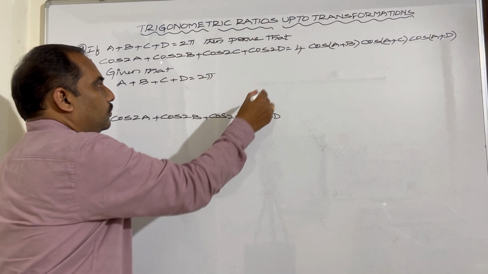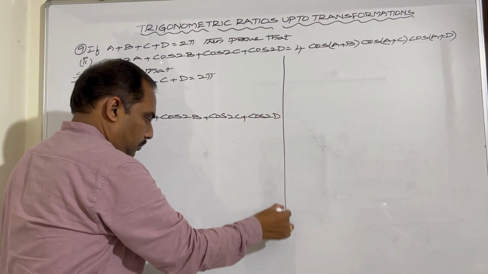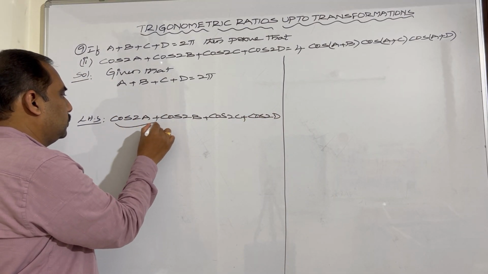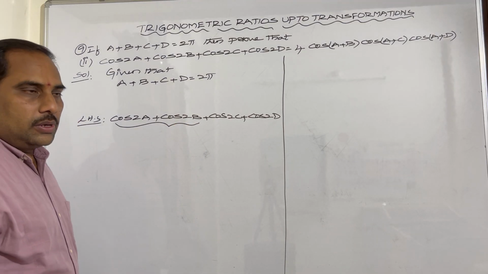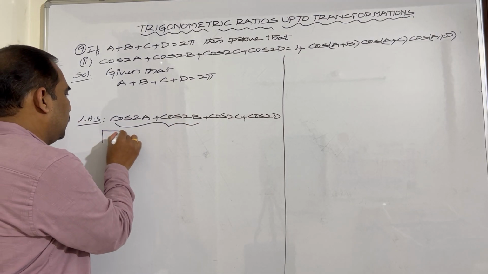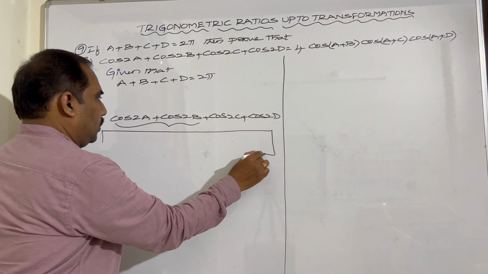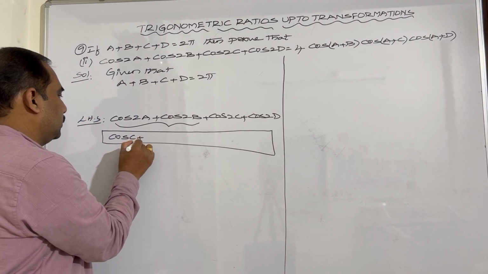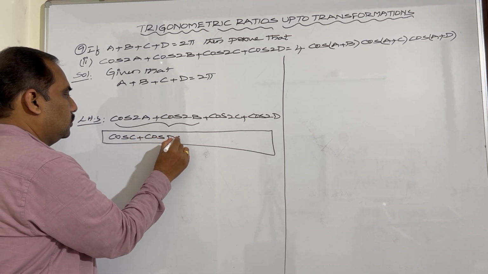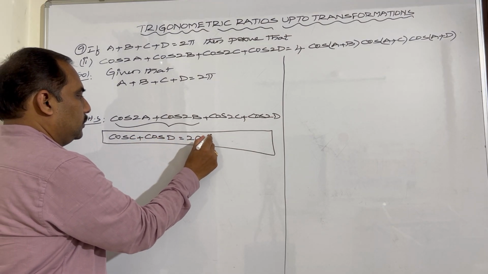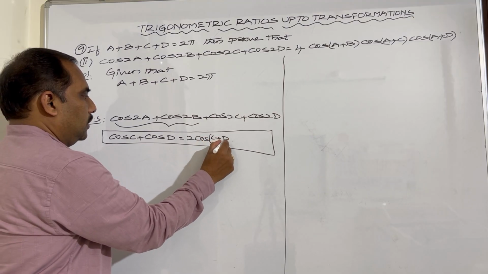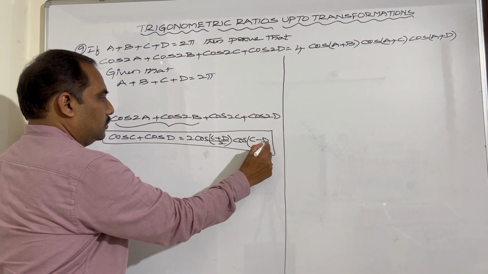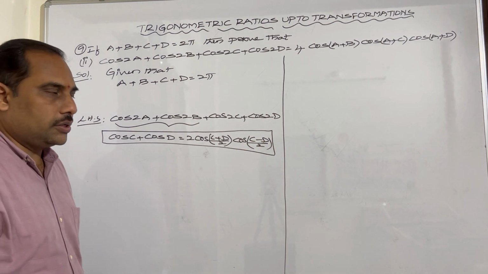If you take the first two terms, these two are like cos C plus cos D. We have the formula: cos C plus cos D is equal to 2 cos of (C plus D) by 2 into cos of (C minus D) by 2.